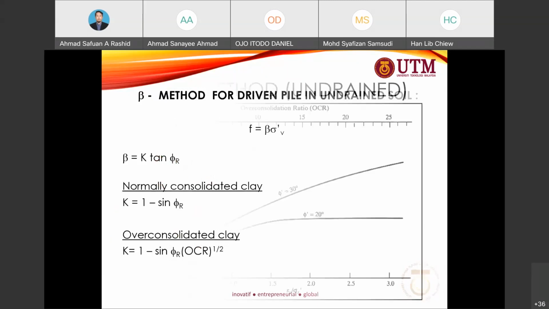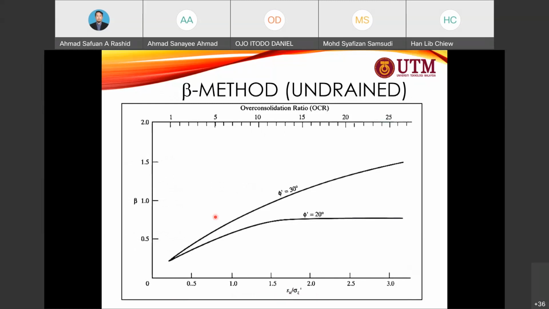This is the chart that could be used for the beta method. This is much easier compared to estimating the value for beta under different OCR and also different phi values.